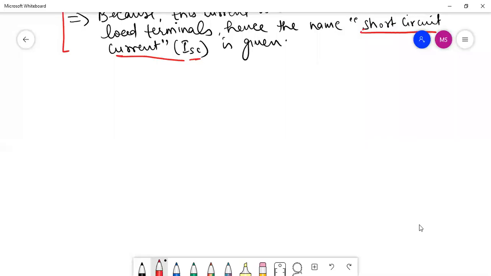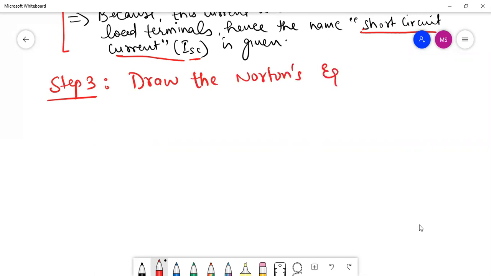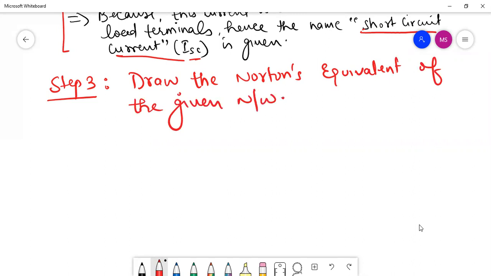Then step 3 is to draw the Norton's equivalent of the given network. The Norton's equivalent consists of a current source, which we call ISC or IN.